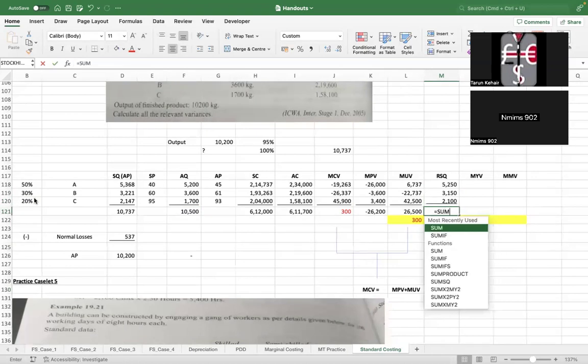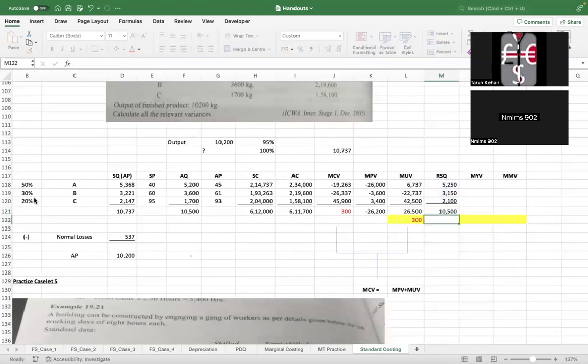Now you should always check by taking the summation that this comes to 10,500. So this is now your actual quantities which we have restated in standard proportions. Now we can split the usage variance into yield variance and mix variance. So for yield variance, SQ minus RSQ into SP, and the same for all the three.